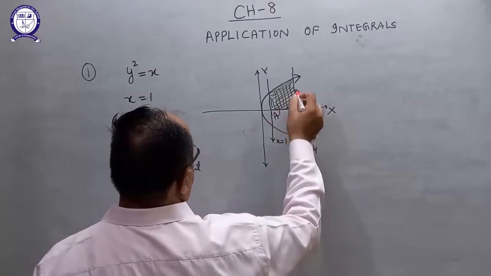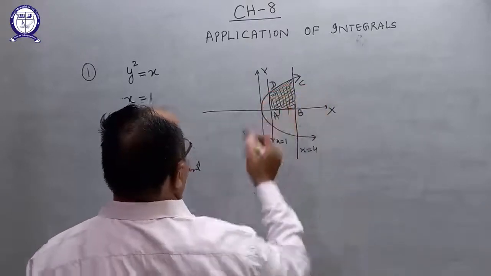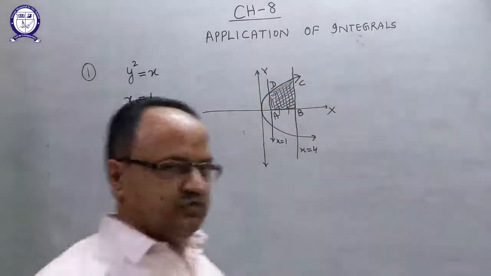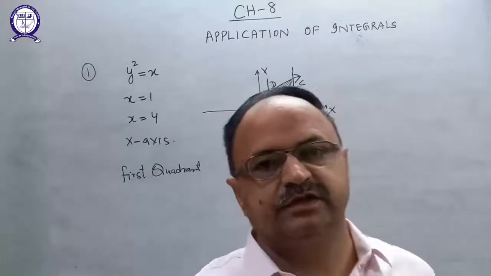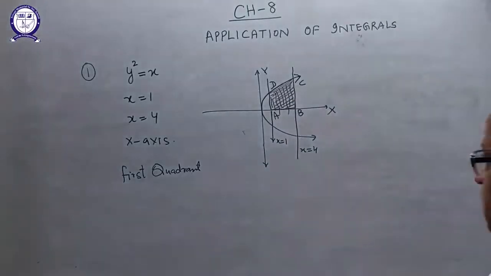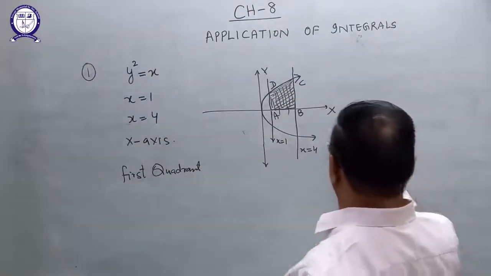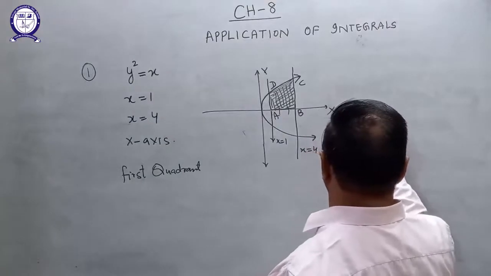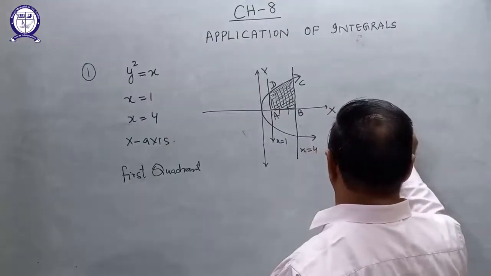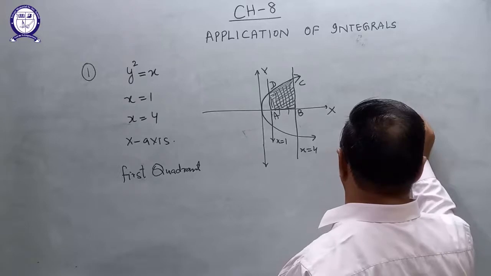You want to find the shaded portion A, B, C, D. Clear? Now you know that area ABCDA.